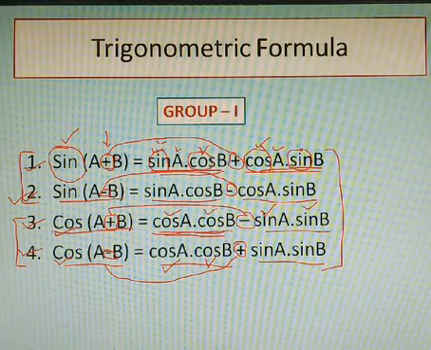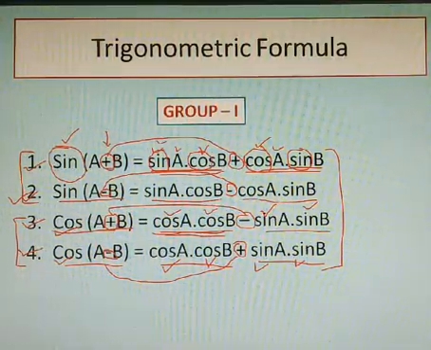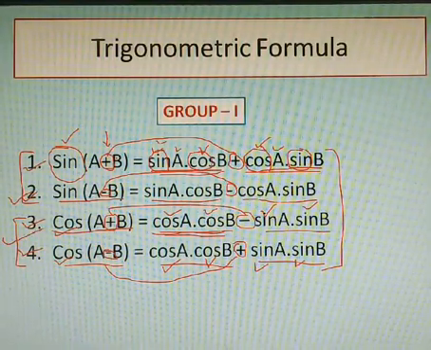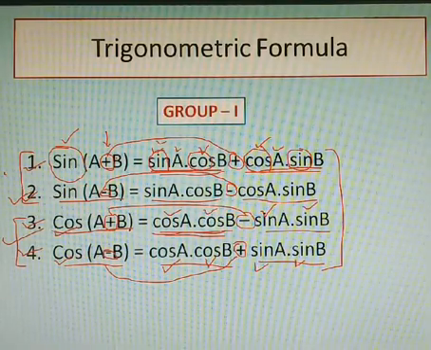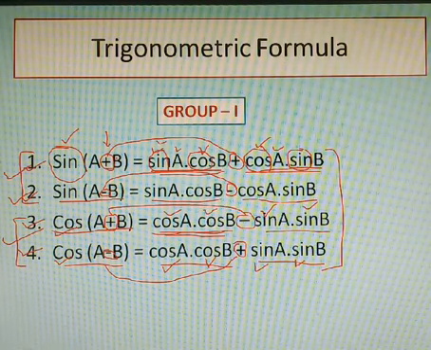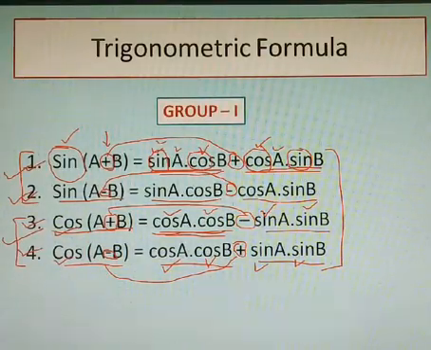So both cos in the first part and both sine in the second part when you are calculating the angle for cos, and that is different from sine. Now let's move to the next group.